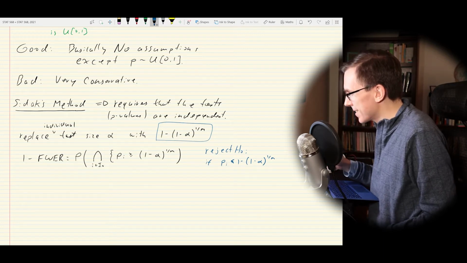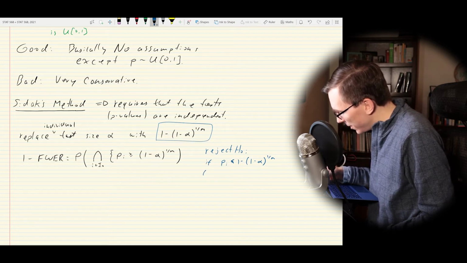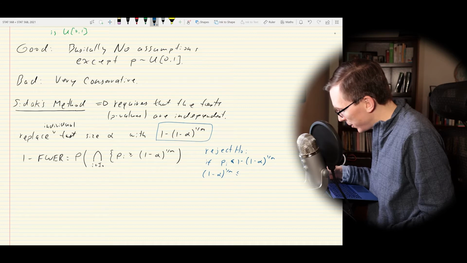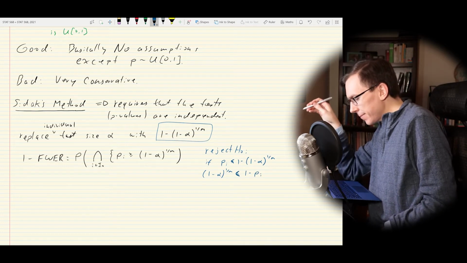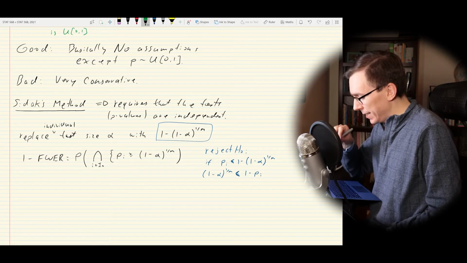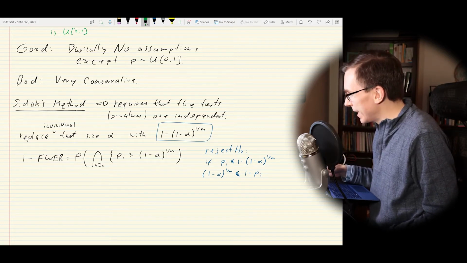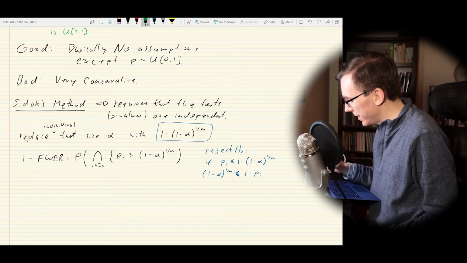here's, I think I just skipped one little step here. If we rearrange things a bit, what we end up with is 1 minus alpha to the 1 over m less than or equal to, let's say less than 1 minus pi. And okay, there's one extra thing that I probably should have written here, because I realized I'm skipping a lot of steps in my quick write-up notes for my lecture notes.